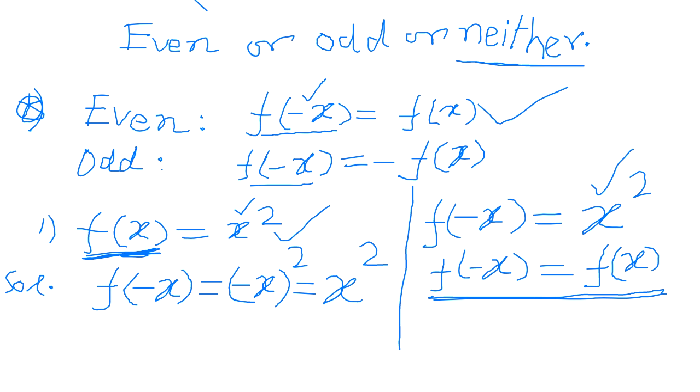So this f of x equals x squared is even. This is an even function. Right? So now look here.